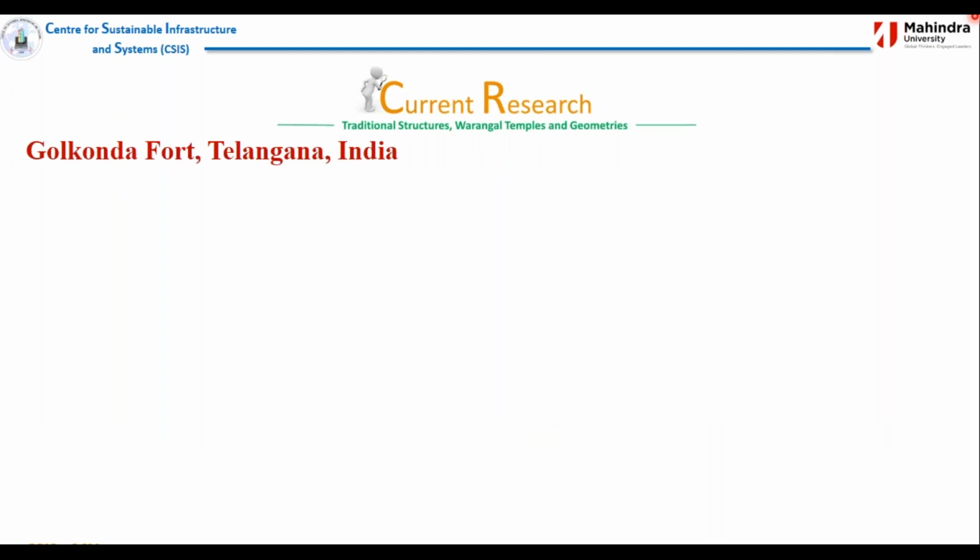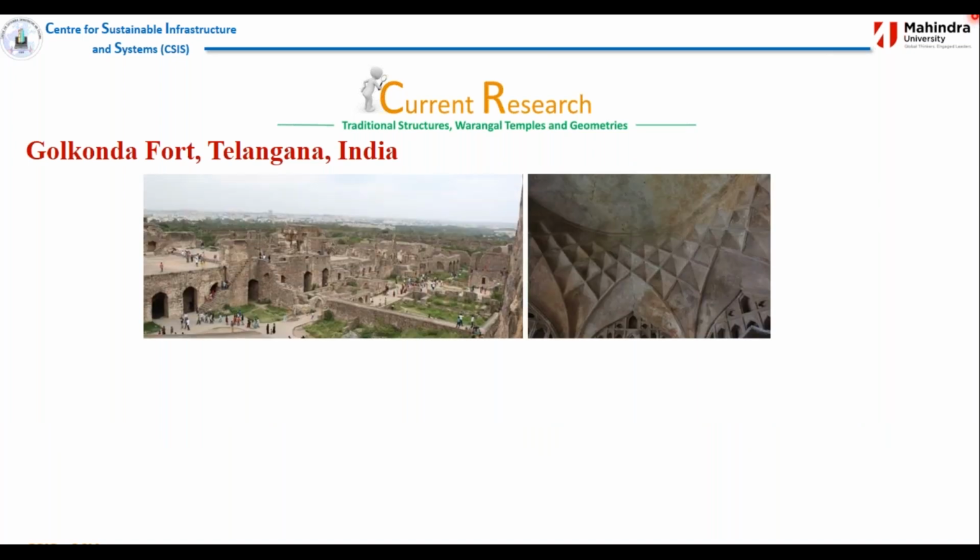You can see this, and Golconda Fort. One of the best parts of Golconda Fort, if you go, is that it is all stone structure, a complex kind of engineering. But yes, there is a way they built it. Here we have seen that on the ground floor we have a single stone.